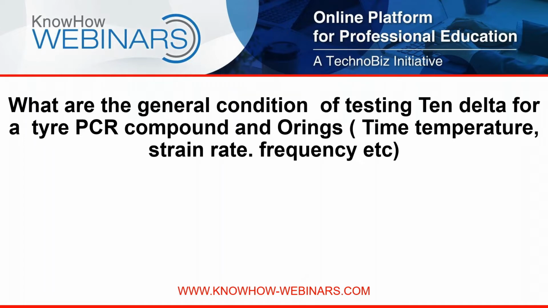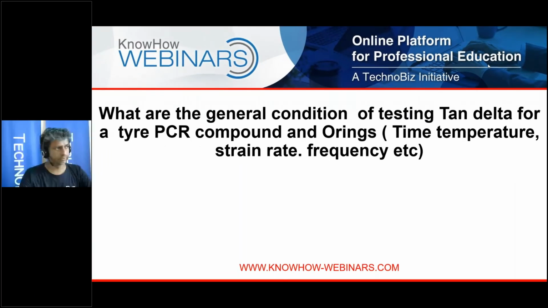What are the general conditions for testing tan delta for a tyre PCR compound and O-rings? Time, temperature, strain rate, and frequency. Here the answer is that everything depends upon the field service conditions of your material and component.